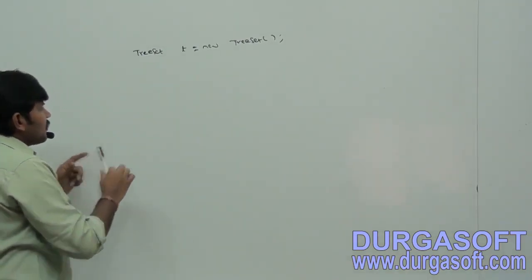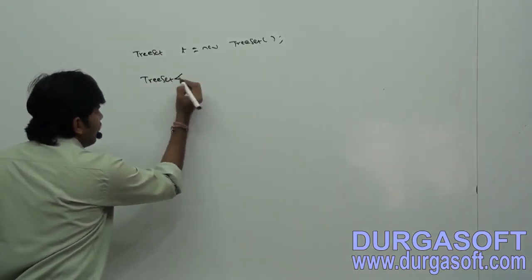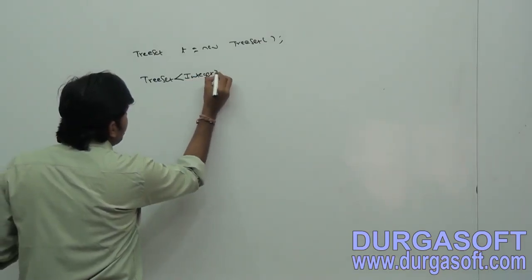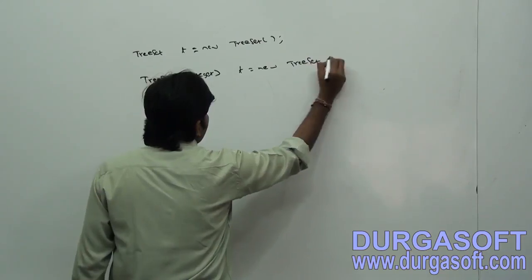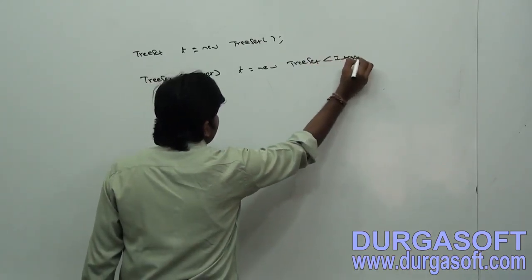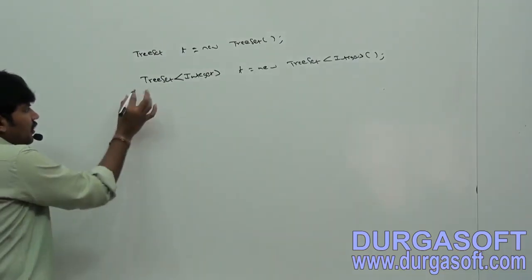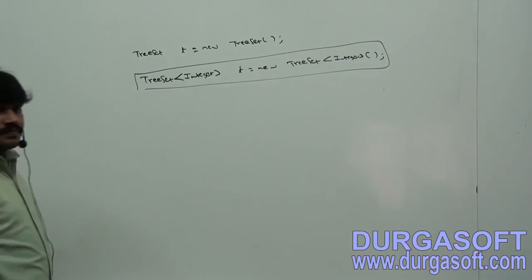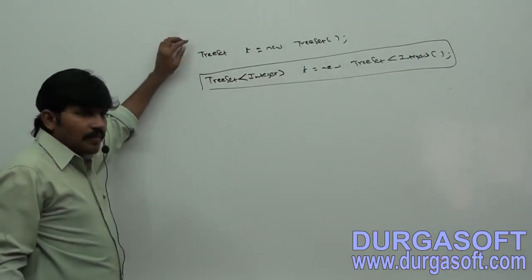Sometimes we may declare it like this also: TreeSet of Integer T equal to new TreeSet of Integer. Can you tell the difference between this one and this one?